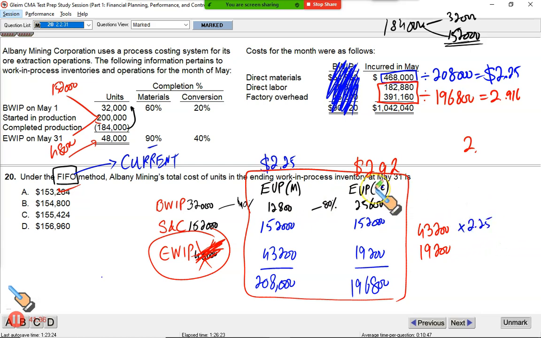From the conversion cost point of view, I have 19,200 EUPs, and each EUP has a valuation of 2.92.